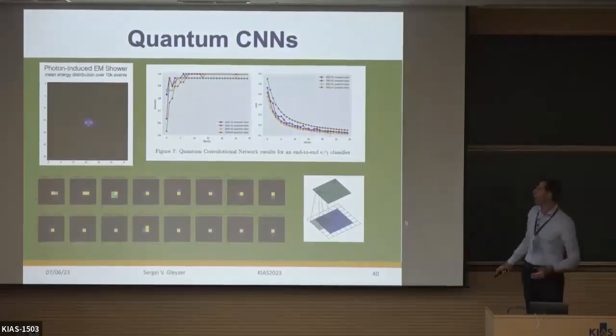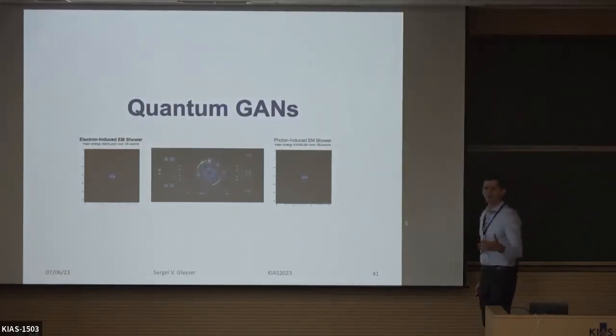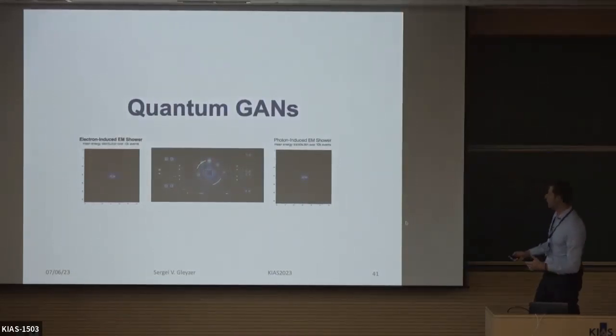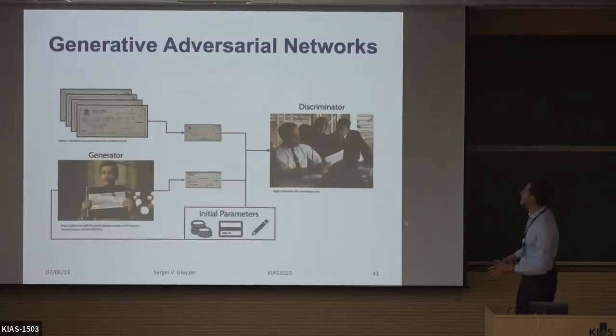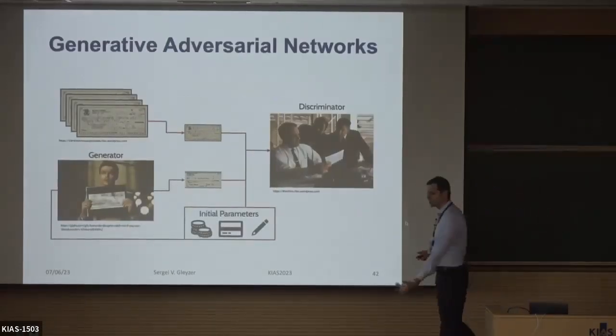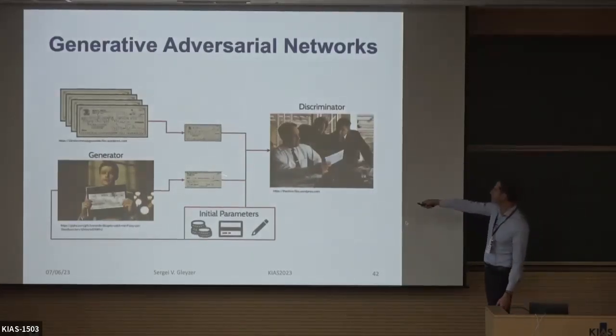So let's continue on. I want to tell you a little bit more about a few other things. I know there's not a lot of time, so I'm going to speed up a little bit. So, quantum GANs, which we've heard about very briefly in Professor Lloyd's talk. The idea is that now you have two neural networks, two agents competing against each other. Let's say maybe it's a counterfeiter that tries to make counterfeit images or checks.